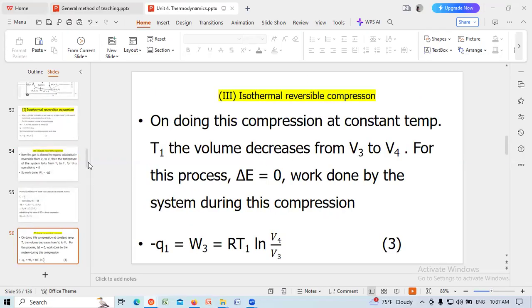Isothermal reversible compression. On compression at constant temperature T1, the volume decreases from V3 to V4. For this process, change in energy delta E equals 0, and work done by the system during this compression is minus Q1 equals W3, equals RT1 ln(V4/V3).